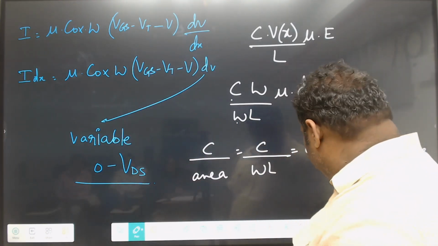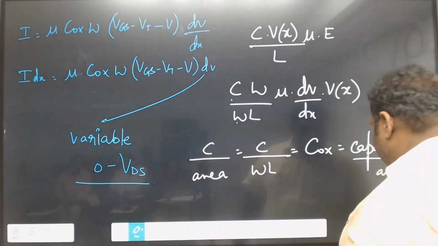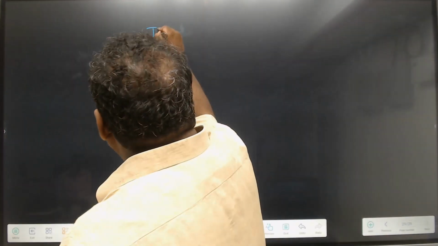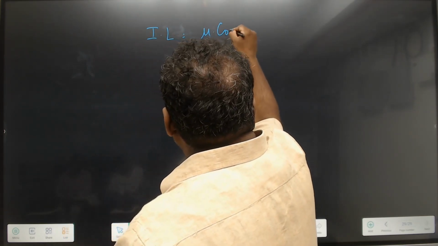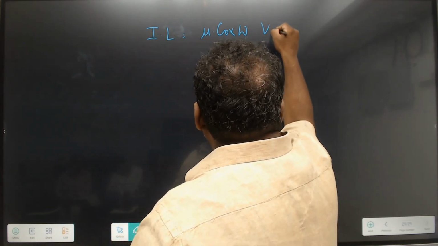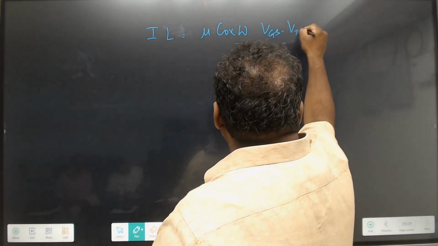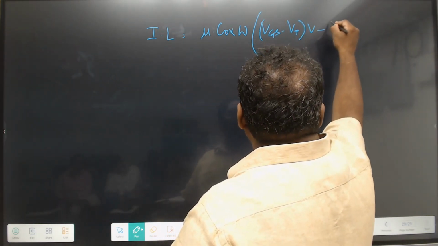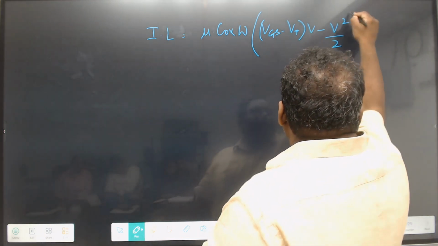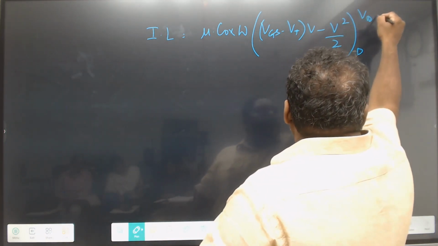When I integrate, I will get I into length equal to mu COX into W into VGS minus VT into V minus V square by 2, from 0 to VDS.